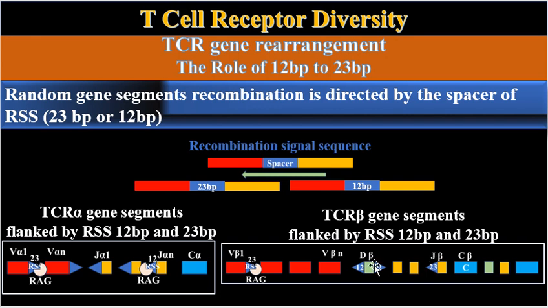Then DJ will follow this direction to the 23 base pair that flanks the variable beta, as the DJ is flanked by the 12 base pair.